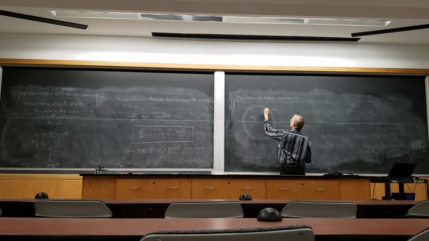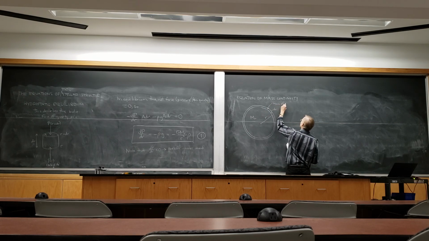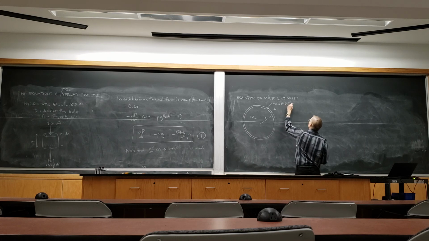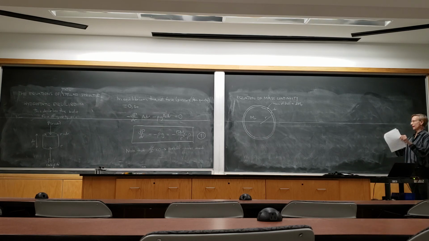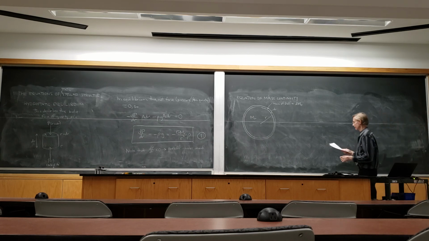Then the mass of the shell will be the extra increment in m sub r: m of r plus dm of r is how much mass is interior to radius r plus dr. Okay, that's the idea here.